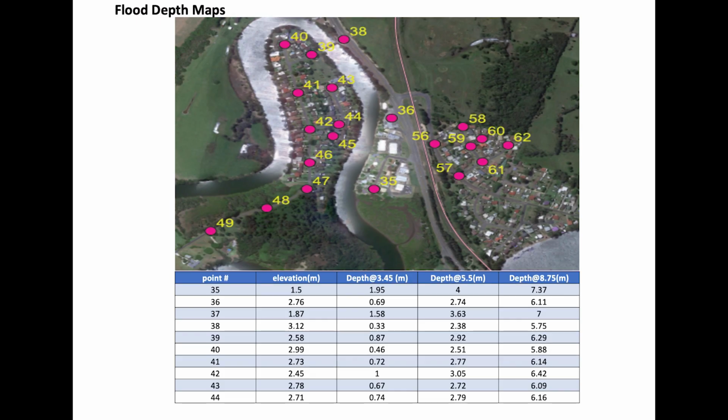Now this will vary. The locals may know it was either above that or below that, but this is just working on the principle of filling the glass with water. This is saying, as we bring the river level up to 2.35 metres, this is the depth that will be at these points.